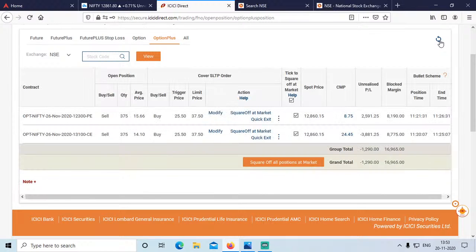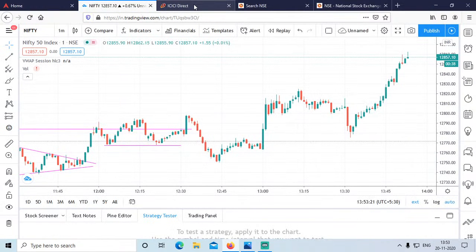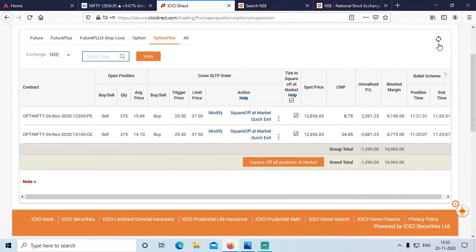Oh, 1300 loss, it keeps going. 24.45 and I am close to 25. For sure it will get hit in some time, because the market is moving upward. My stop loss will get hit at any point of time.